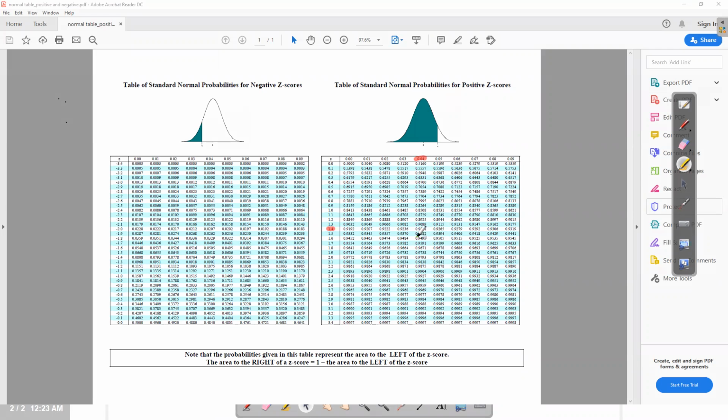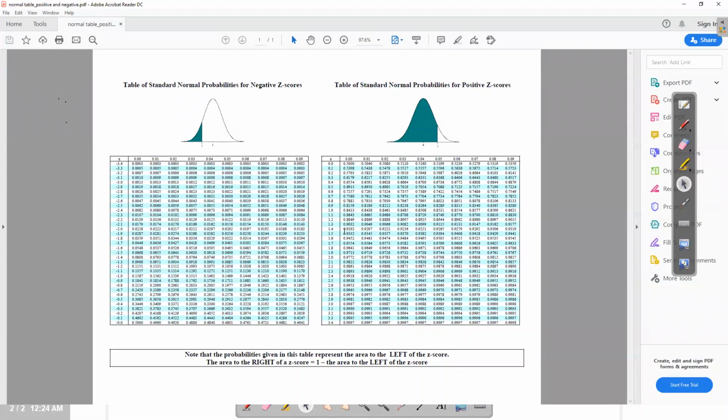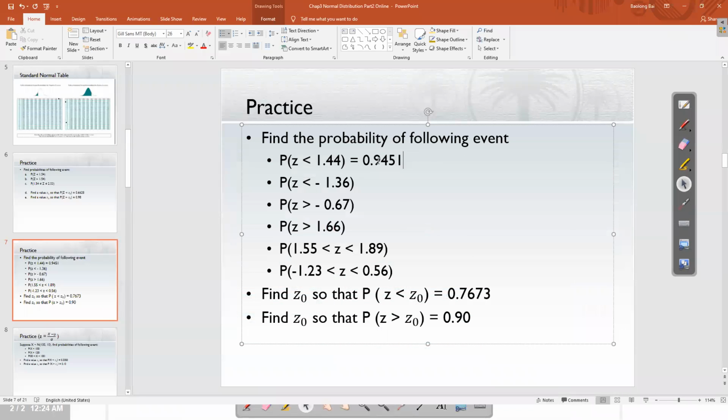Then the corresponding probability will be 0.9251. All right, that's the first event.